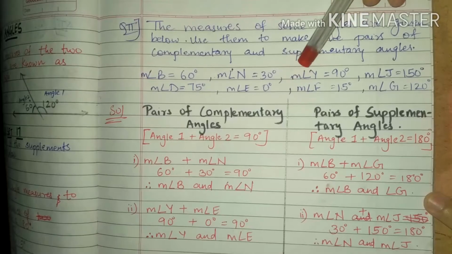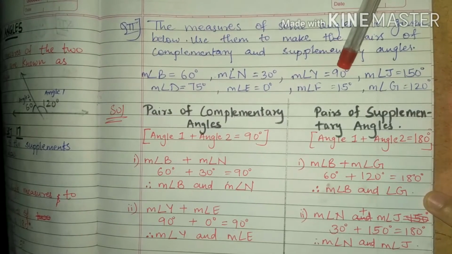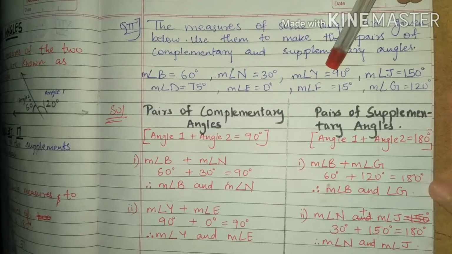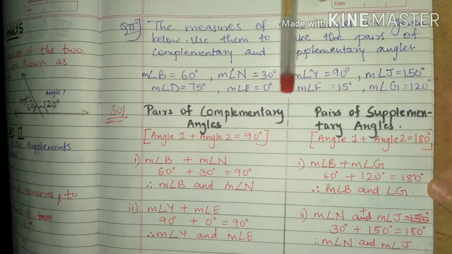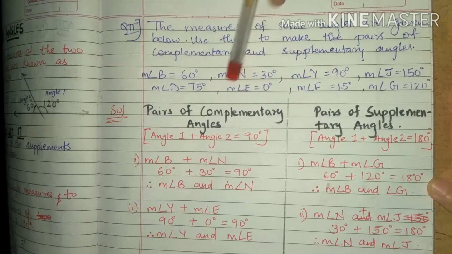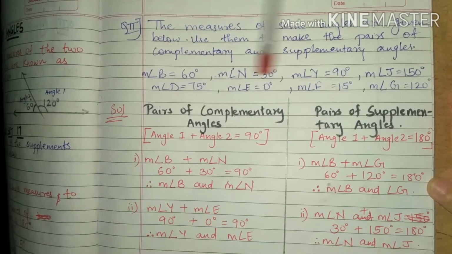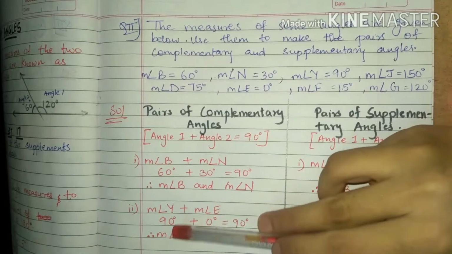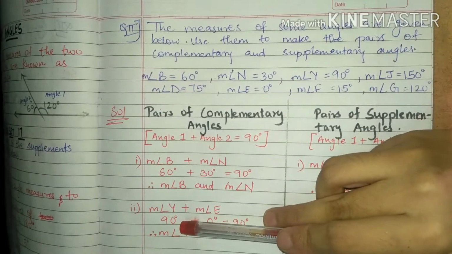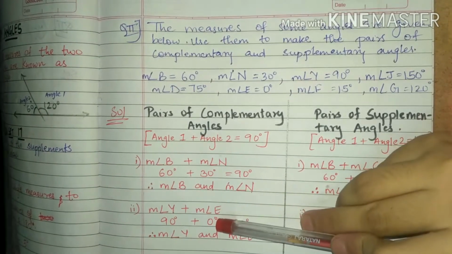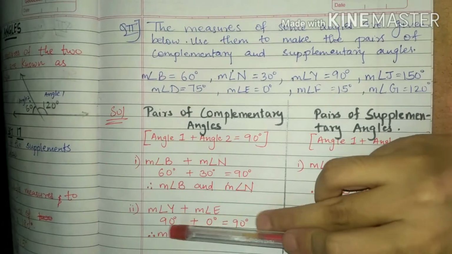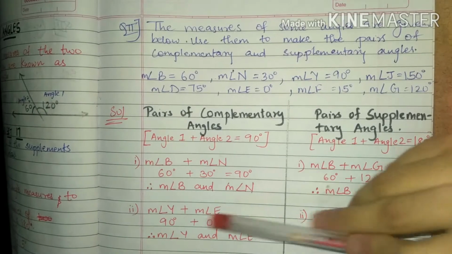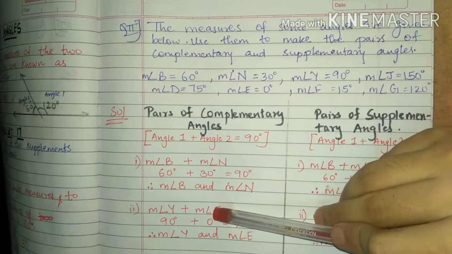See, measure of angle Y is given to be 90 degrees. So we need an angle that measures 0 degrees. Let's see. Yes, we have one angle that measures 0 degrees. So measure of angle Y plus measure of angle E: measure of angle Y is 90 degrees, measure of angle E is 0 degrees. So angle 1 plus angle 2 equals 90.